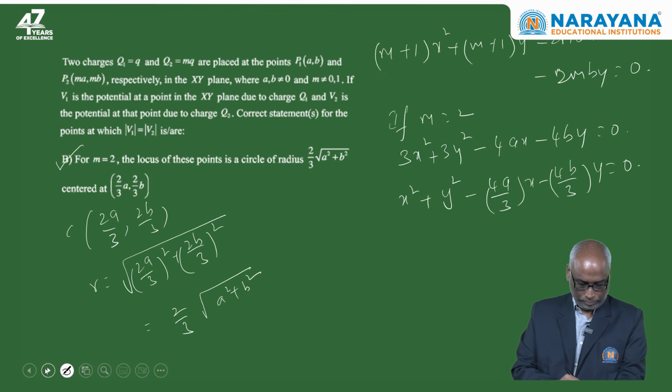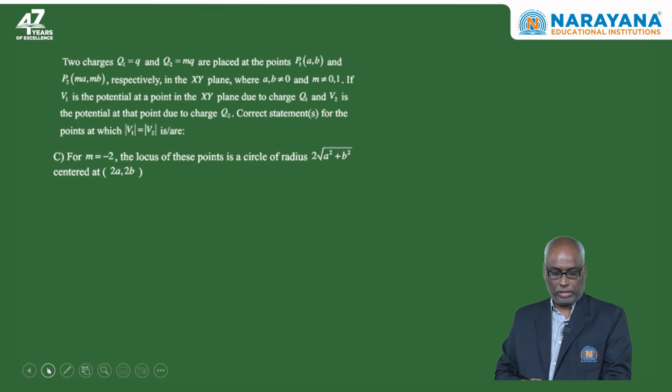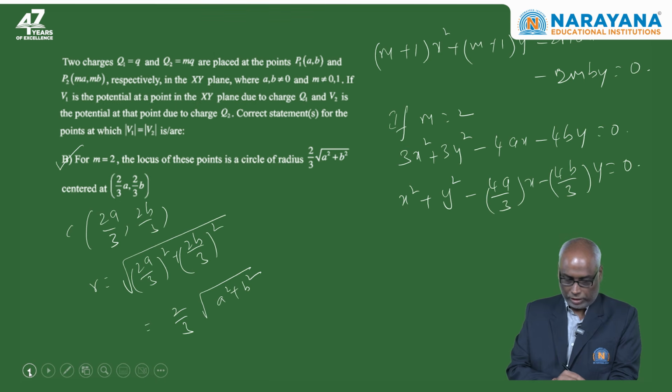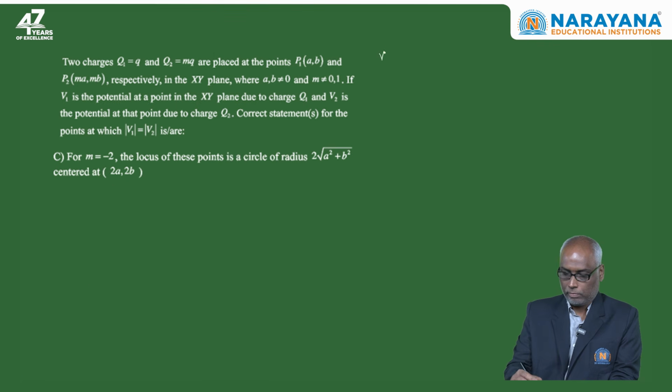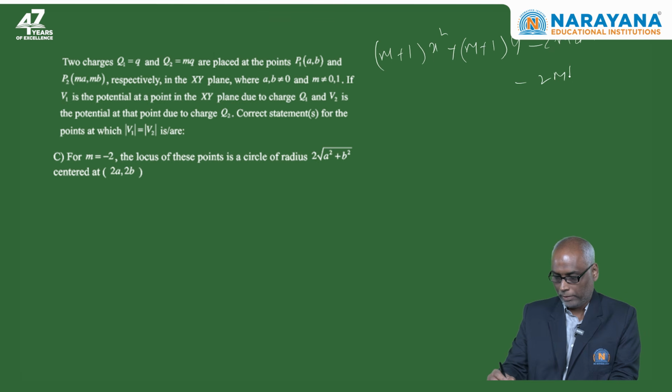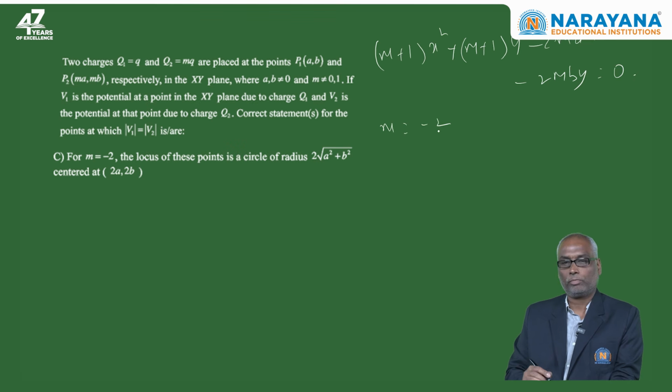Coming to option C, here they given m is equal to minus 2. Again we will write the general equation of the circle, m plus 1 into x square plus m plus 1 into y square minus 2m ax minus 2m by is equal to 0. They given m is equal to minus 2.